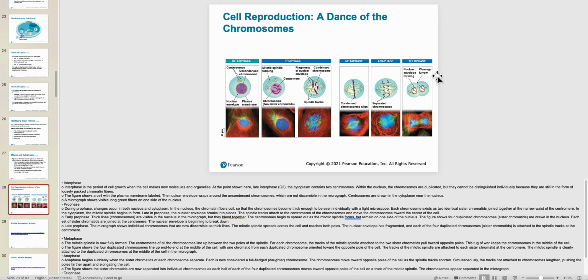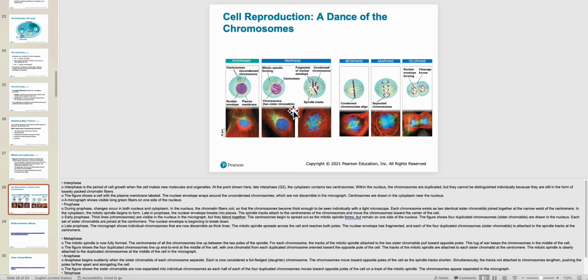Why are these headings in blue color, whereas interphase was in aqua green? Because cell division, mitosis, is not the same thing as interphase, right? We saw that. So this is true mitosis: prophase, metaphase, anaphase, telophase. In prophase, the cell is starting to divide.